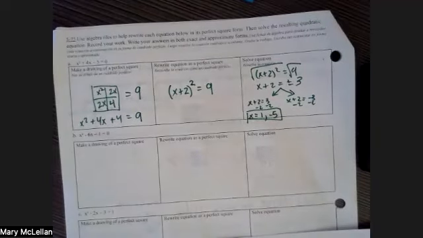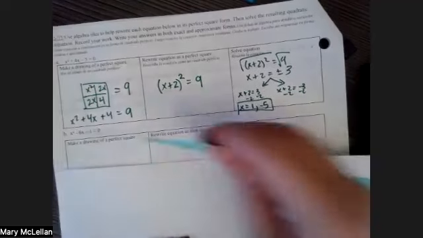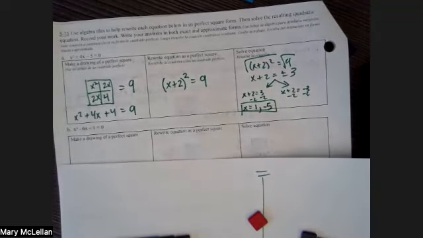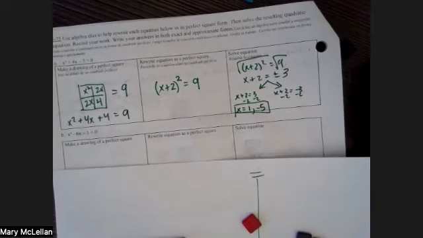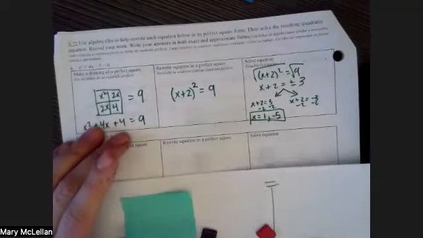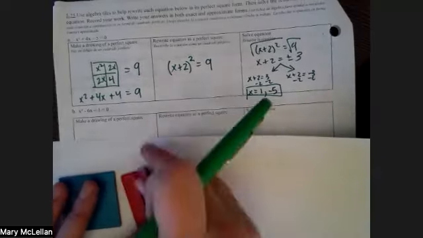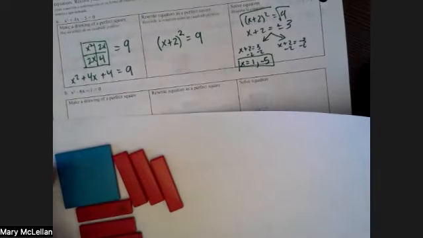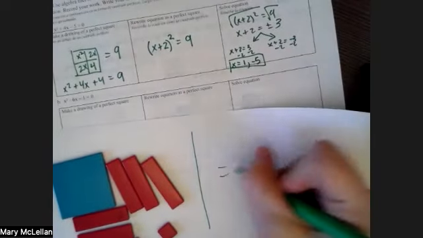Next problem. Okay, x squared minus 6x minus 1 equals 0. Here we go, yay! I have x squared, -6x this time, -1, and it equals 0.